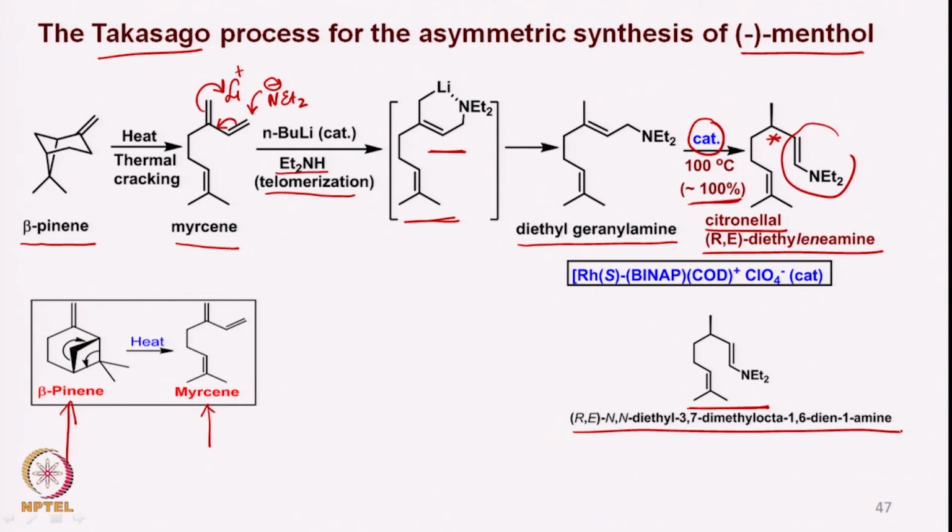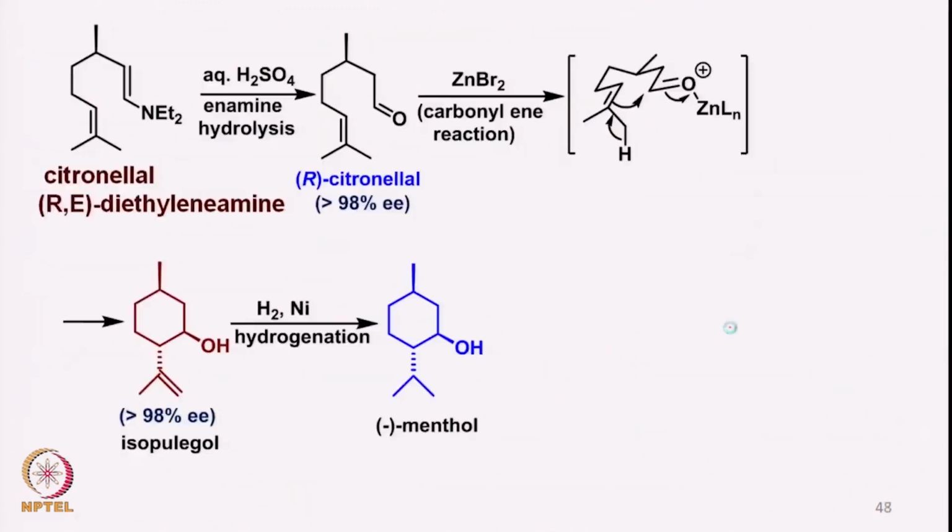So basically starting from beta pinene one has come all the way to here where this particular asymmetric center is generated and an enamine is formed. Now this particular enamine can be hydrolyzed and we can go to the corresponding optically pure, more than 98% enantiomerically pure, citronellal.